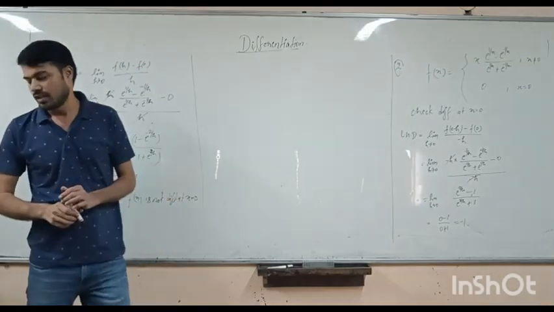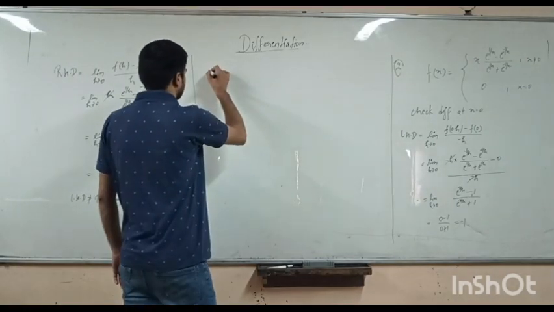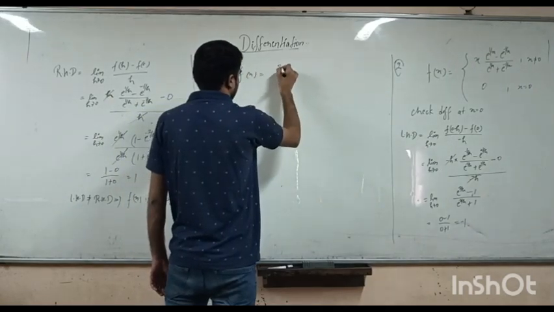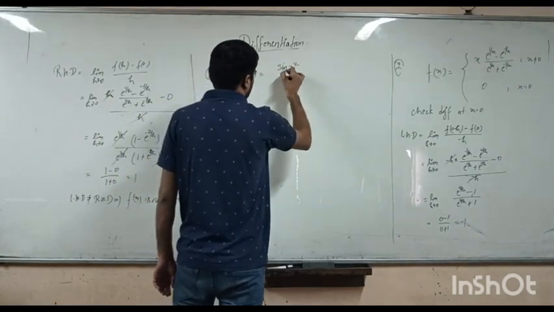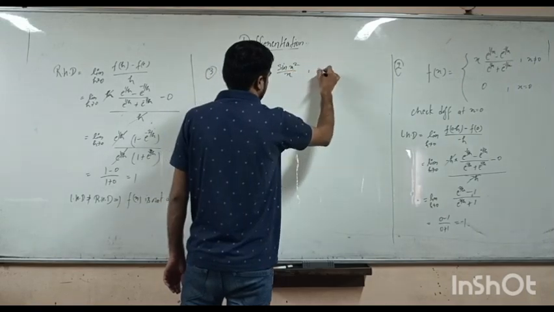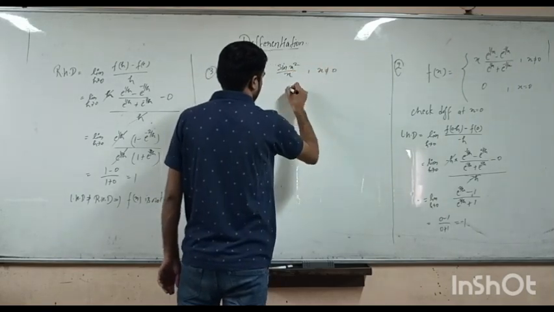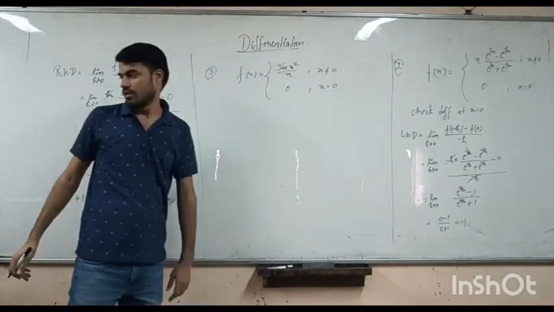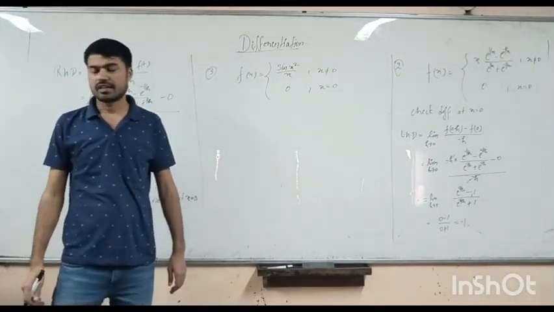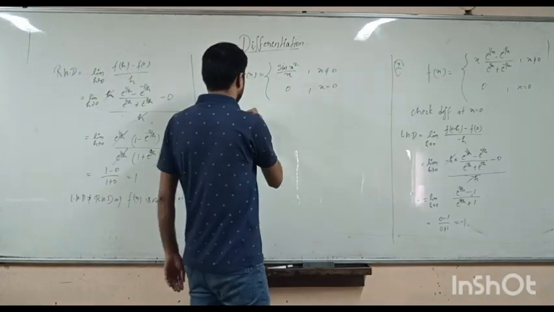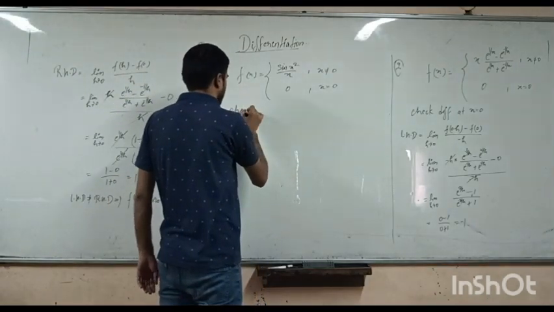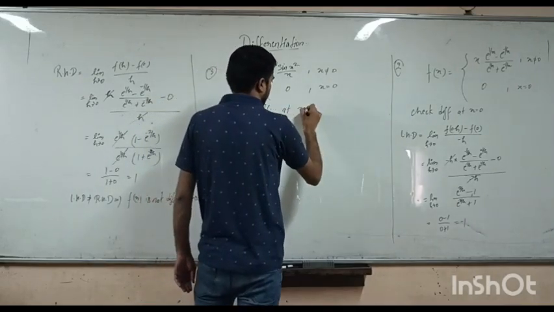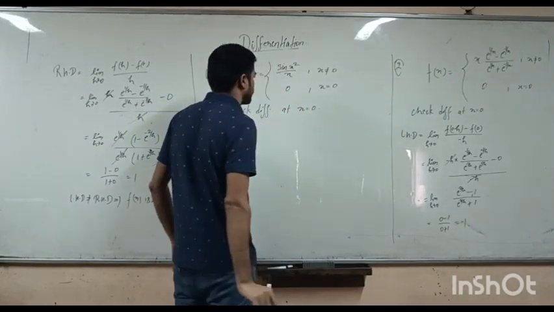Okay. Now our next example is f(x) equal to sin x square divided by x when x is not equal to 0, and 0 when x is equal to 0. So we have to check the differentiability of this function at x equal to 0.